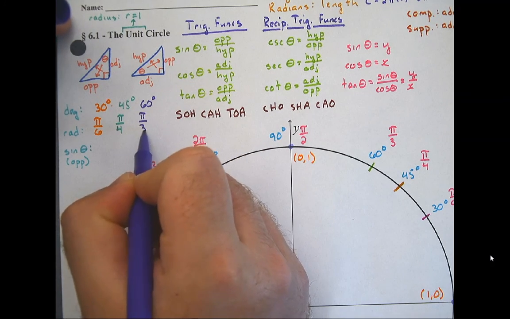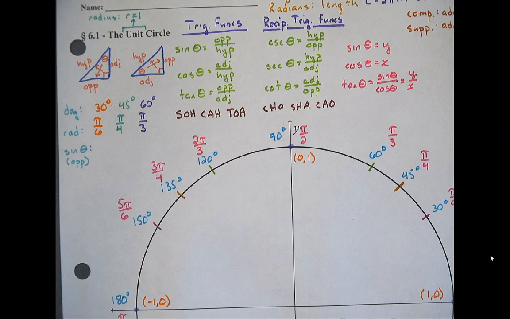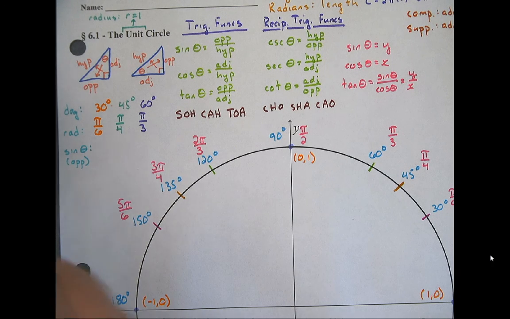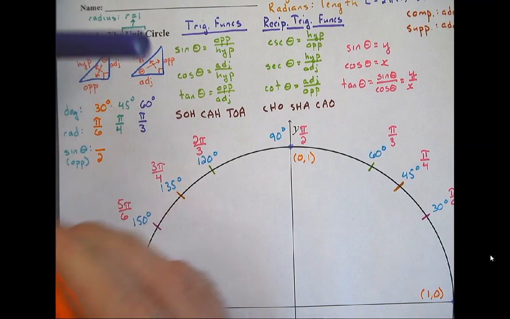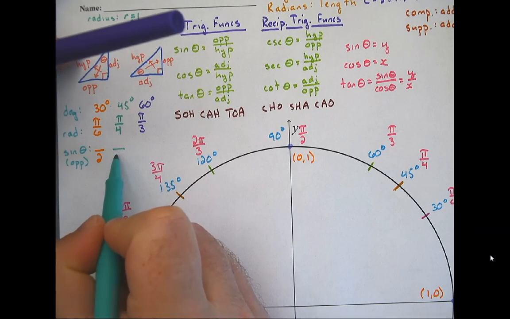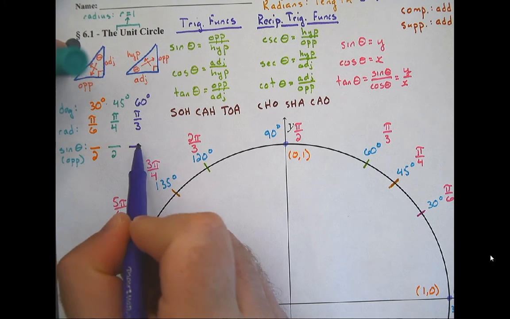Now, what are the side lengths opposite these angles or these radian measures? Well, here's the first thing. They're all divided by 2. So this is over 2. This is over 2. This is over 2. And what's kind of cool is they go in order.